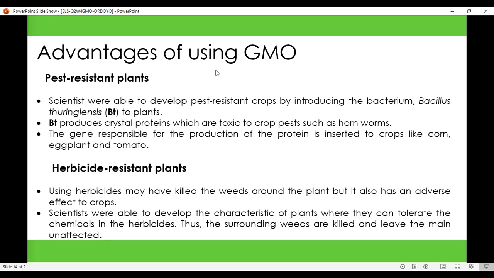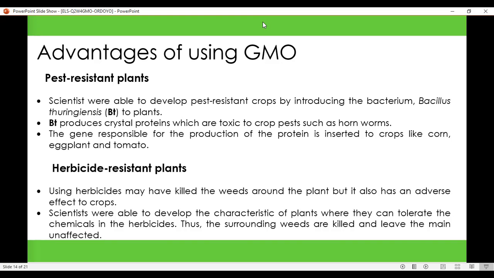So what is BT? It is a bacterium that produces crystal proteins, and this is the characteristic taken that is toxic to pests. The gene responsible for the crystal protein production was inserted into crops like corn, eggplant, and tomato. Why, of all crops, were these chosen for the insertion of crystal proteins?